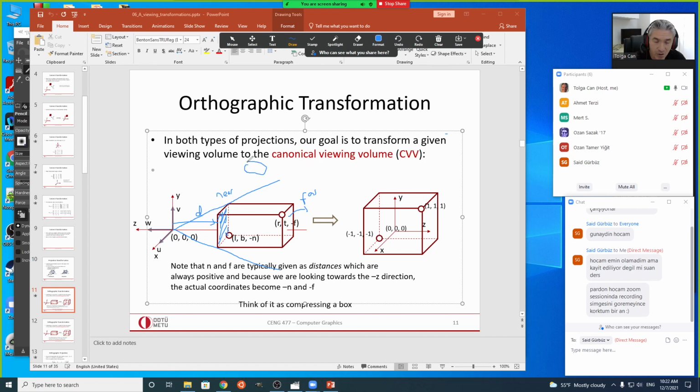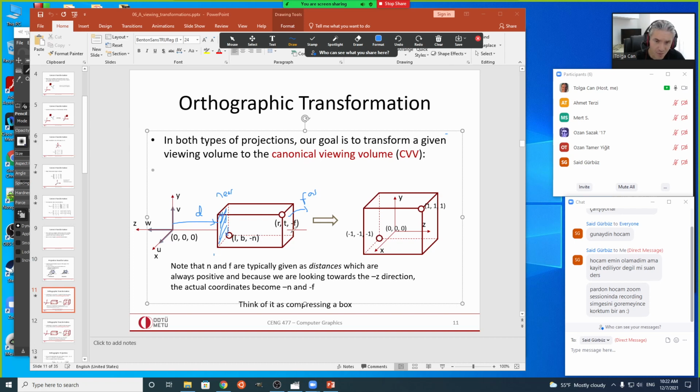If you had an object outside this pyramid, you're not going to see it, right? Similar to that, we're also cutting this pyramid from the far side. In this orthographic projection, we now have 6 parameters. In addition to left, right, bottom, and top, we also give 2 new parameters, minus n and minus f. This is the n and f.